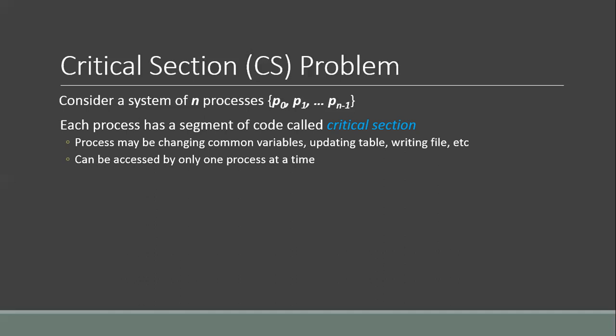The critical section can be accessed by only one process at a time because it contains shared data. In order to maintain data consistency, only one process should be allowed to access the critical section area at any given time.